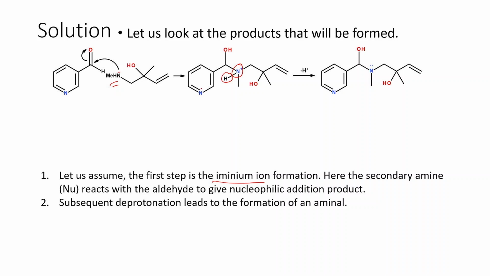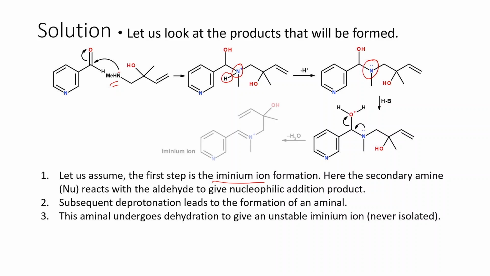So this hydrogen will be lost as a proton. That means the N-H bond will be broken towards the nitrogen atom, so that we end up with a neutral charge on the nitrogen atom. So this first loss of proton, that is deprotonation, leads to the formation of an aminal derivative. And once the aminal is formed, the next step is reaction with an acid.